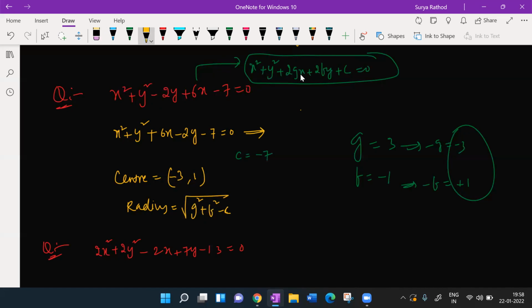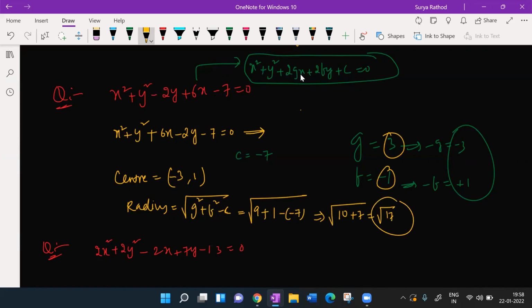Okay? Minus c. Look, g square is what? 3 square gives me 9, plus f square gives me 1, minus c value, which is -7. So it gives you 10 plus 7, which gives me √17. All right, no need to convert into decimal. Let it be as it is. Okay, beta? Clear?